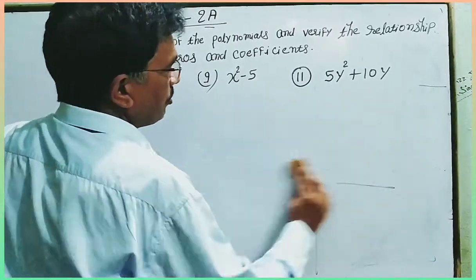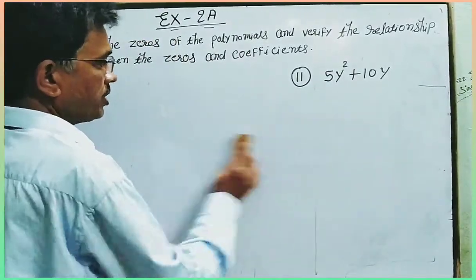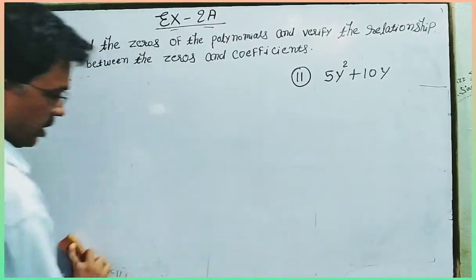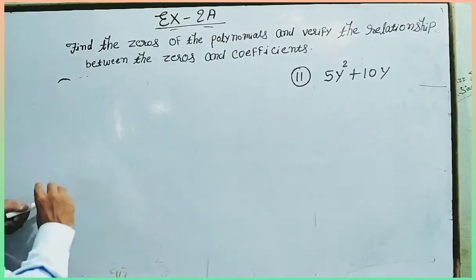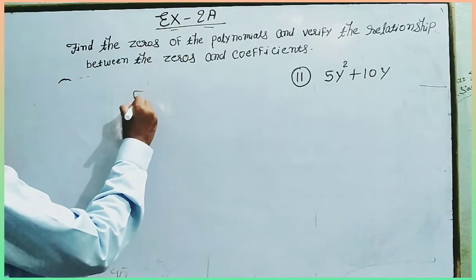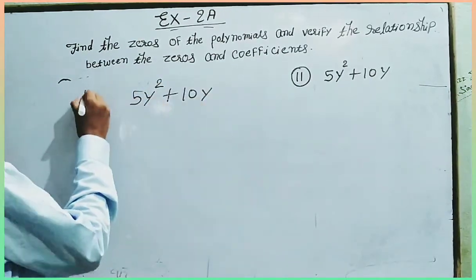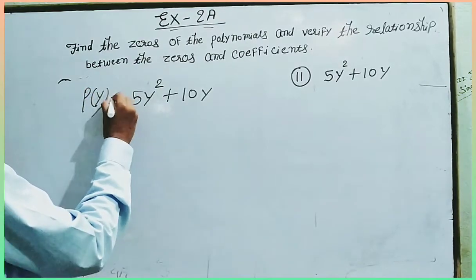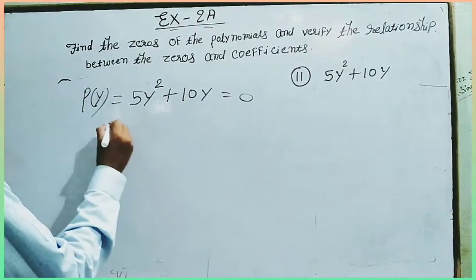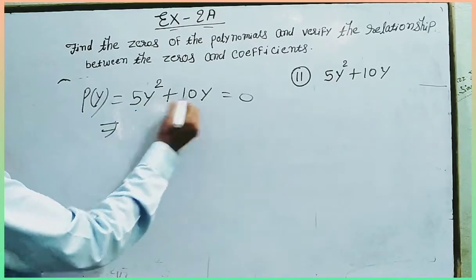Similarly, now we solve question 11. It has no constant term given, so we cannot use the splitting method. Here is 5y square plus 10y, the polynomial p(y) is equal to 0. How is it possible to split it?